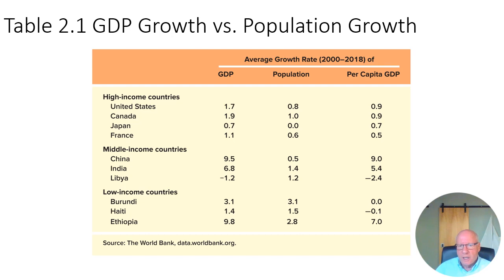But unfortunately, they also match it with a very rapidly growing population. So, as we see, the two things completely offset each other. There's been zero growth in the living standard of people in Burundi. They should be growing quite dramatically, but because there's such a large population growth, you're going to get no growth in the per capita GDP.